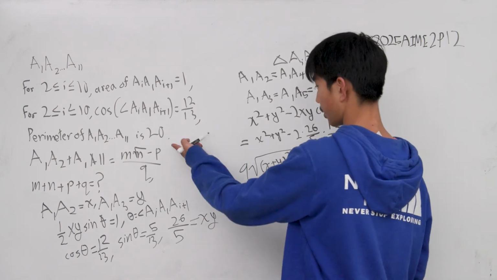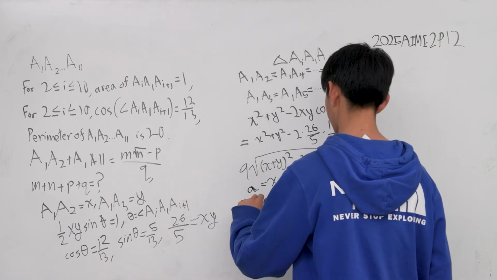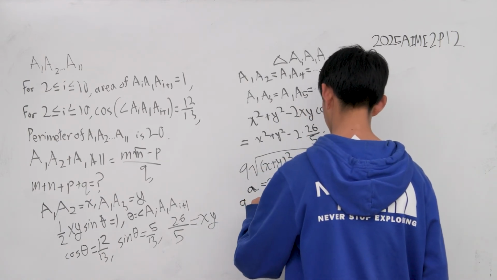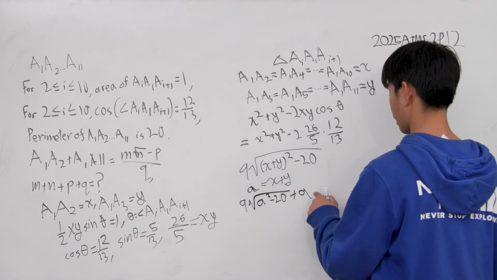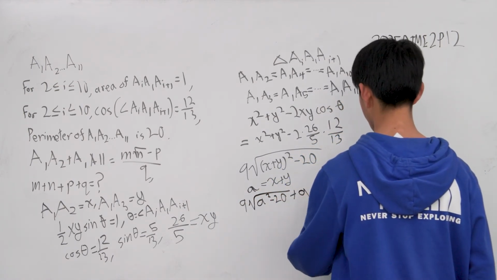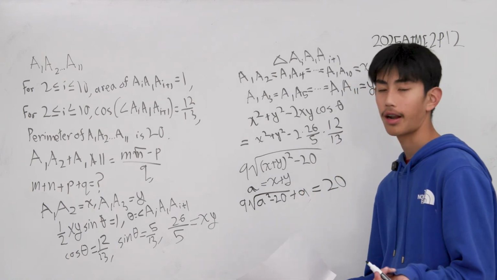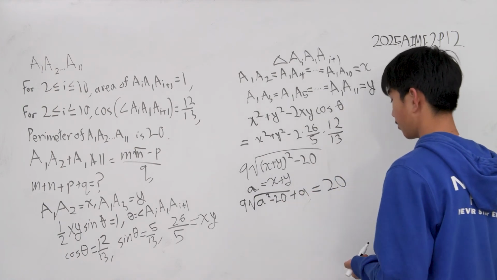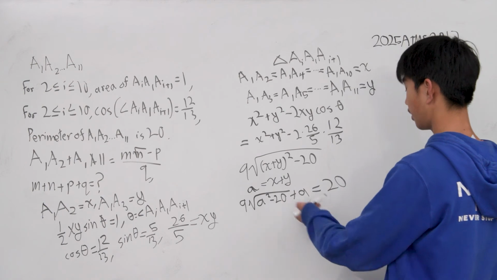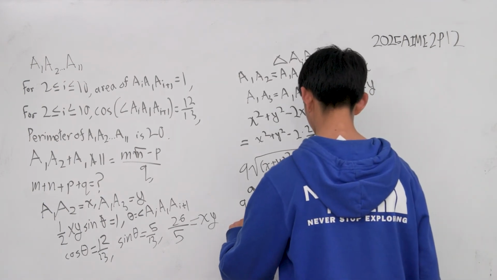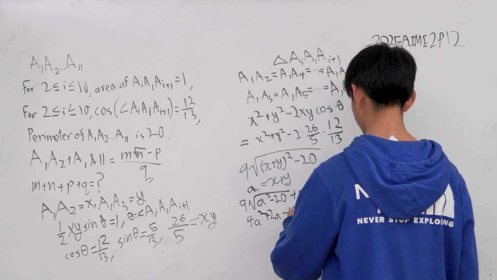Then using the perimeter, we have 9 root (a squared minus 20), and we add another a to get the full perimeter, which is equal to 20. Then you basically just have a quadratic. You isolate the root, then subtract, divide, and square. You get 4a squared plus 2a minus 101 equals 0.